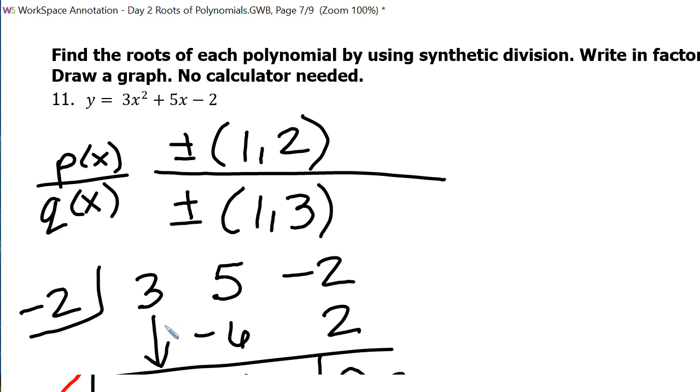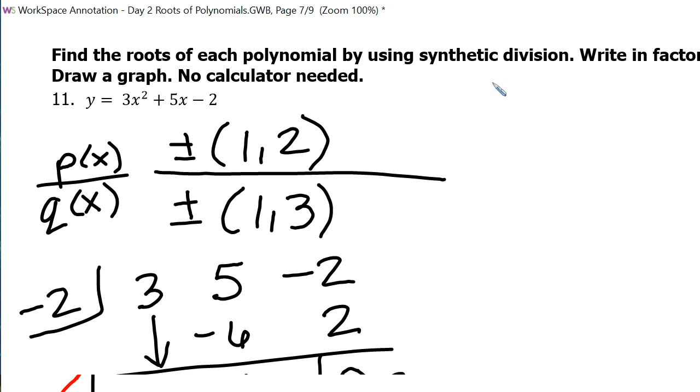X plus 2. And my other factor will be right here, but these are just the coefficients. Remember that when you're writing this answer, you need to drop it a degree. So if we started with x to the second, that would be x to the first, and here's my constant. So my second factor would be 3x minus 1. Now I have my equation in factored form.